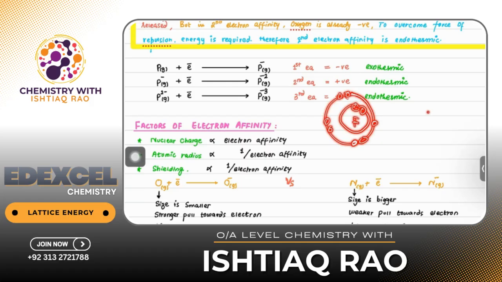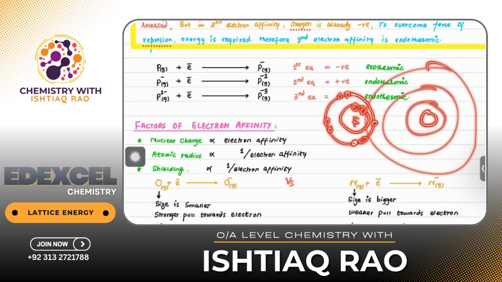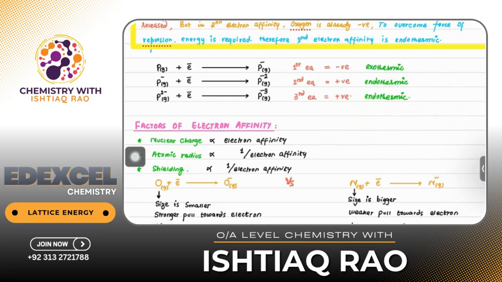And when you make iodine, I would be having 4 to 5 shells. If I remember, iodine is in period 4 or period 5. Period number represents the total number of shells, right? So when the number of shells is higher, the shielding effect would be higher. When the number of electrons is higher, the shielding effect would be higher.